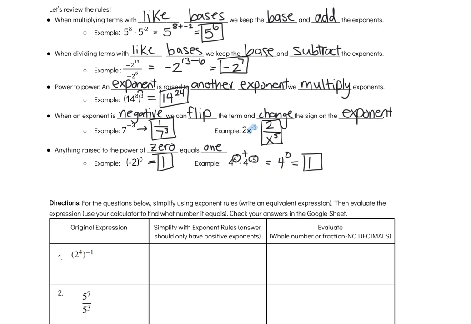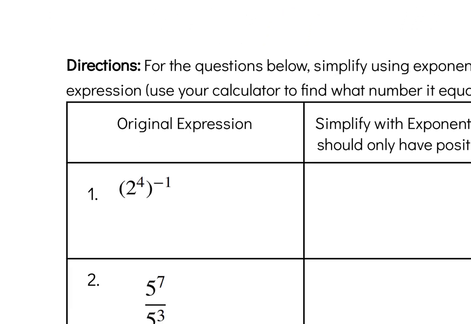So in the first box, we're going to use our exponent rules to simplify. Our answer should be something with an exponent, positive exponents. While on the right, it says evaluate, so I'm just going to type it in the calculator and see what I get, and make sure my answer is either a whole number or a fraction. So here I see I have an exponent raised to another exponent.